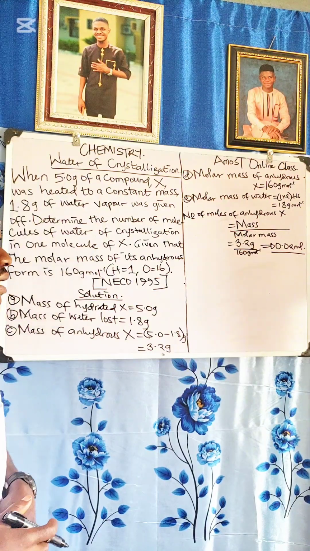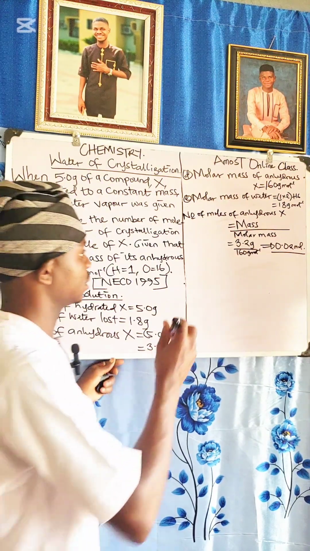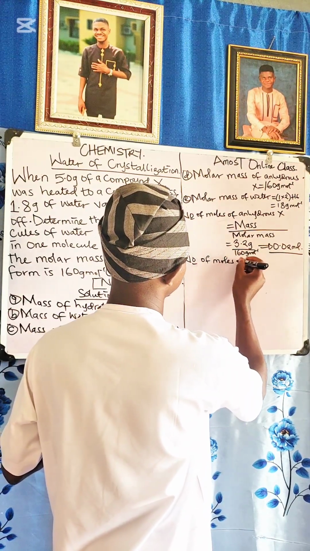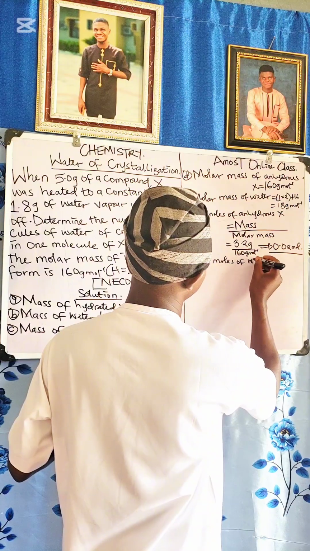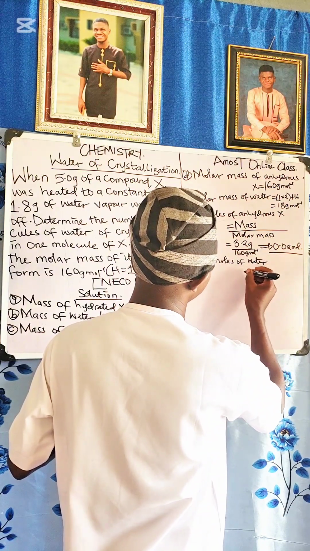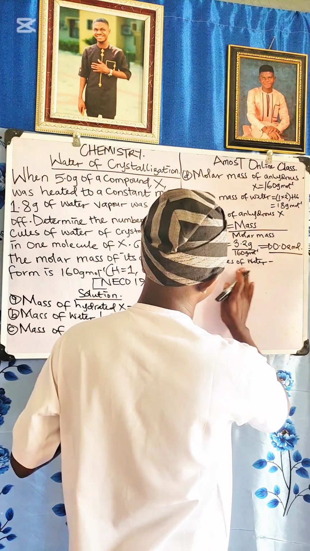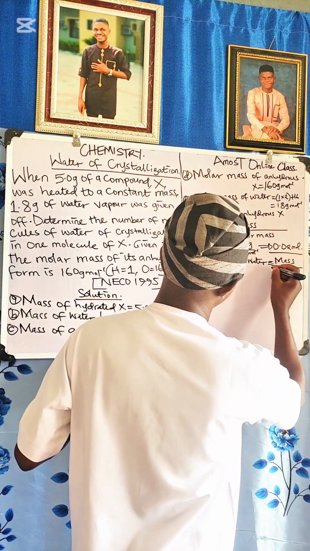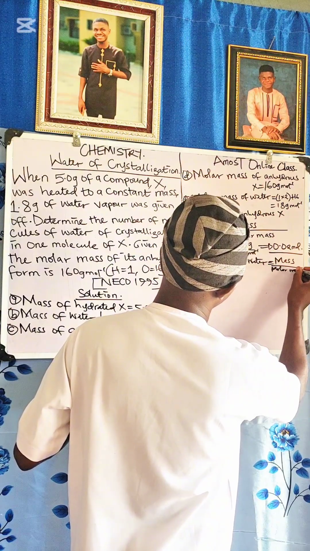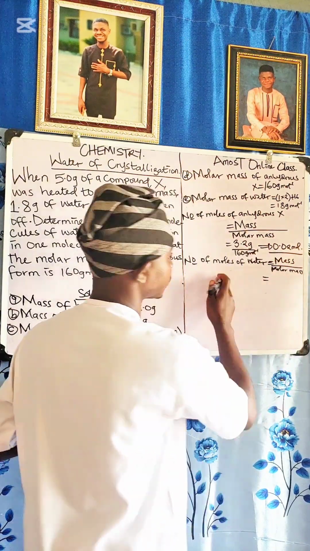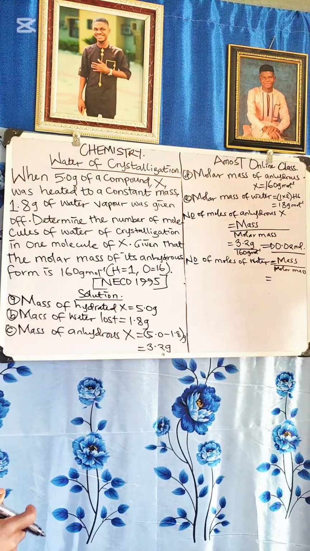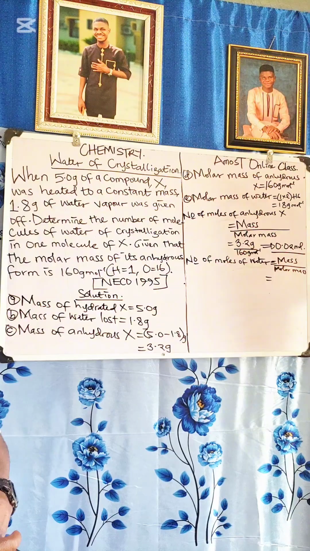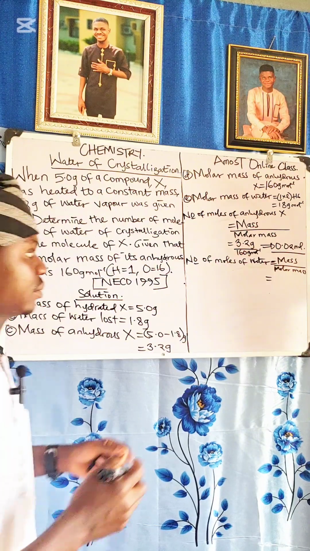So the next thing is to find the number of moles of water. The mass of water from the question is equal to 1.8 grams, and the molar mass of water is 18.0 grams per mole.